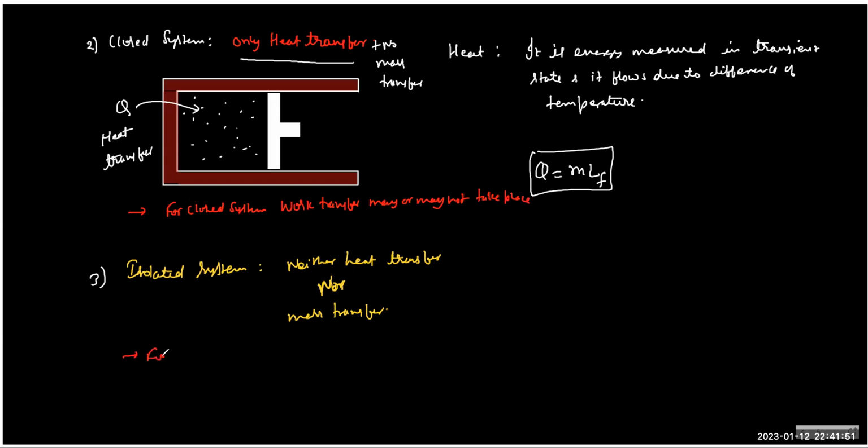For an isolated system, work transfer may or may not take place. Again, it depends on how the boundary is designed. So these are the simple definitions which one should be aware of. So system is clear. Yes, sir. Okay.